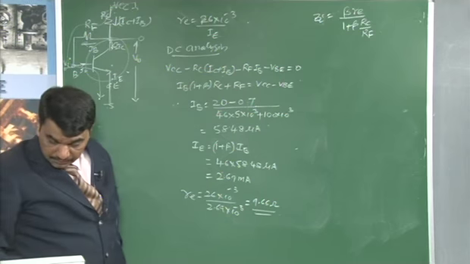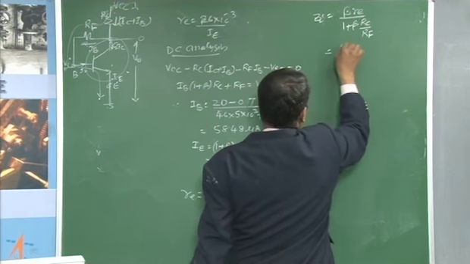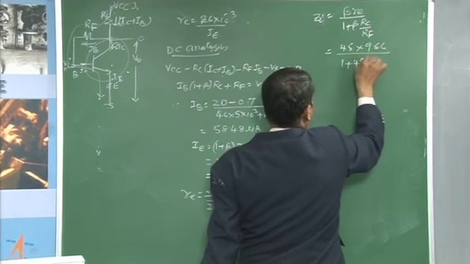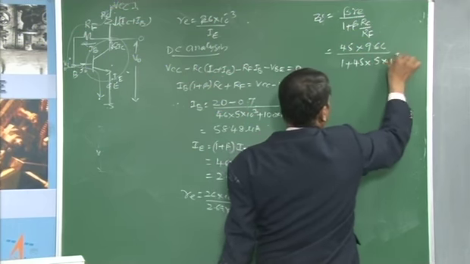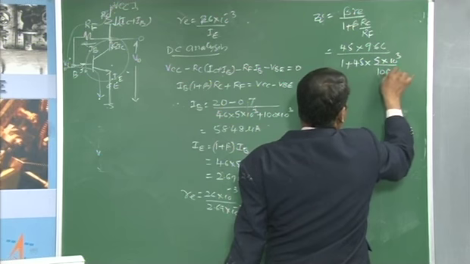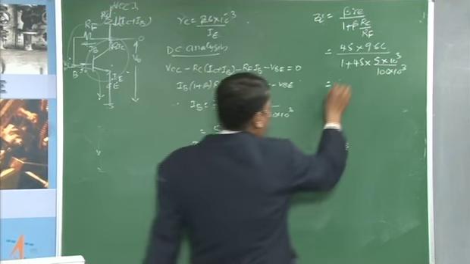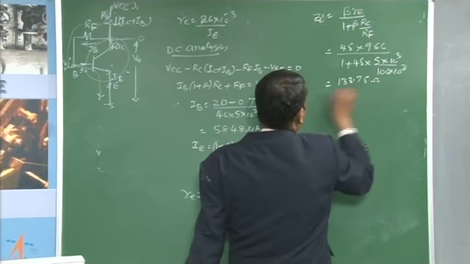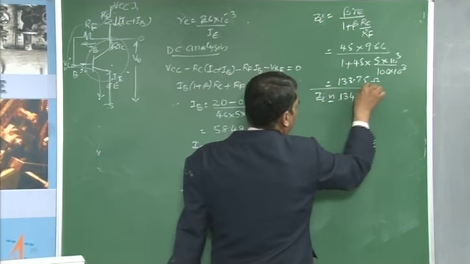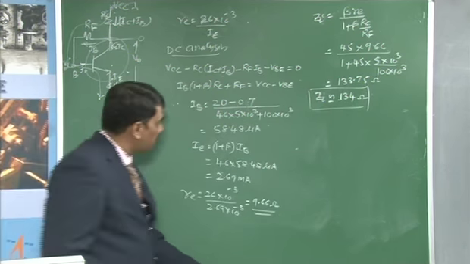Substituting the values, beta is 45, Re is 9.66, divided by 1 plus 45 into Rc, which is 5 into 10 to the power of 3, over Rf, which is about 100 into 10 to the power of 3. This value is approximately 133.75 ohms. Rounding off to a round figure, the input impedance of this circuit is 134 ohms.